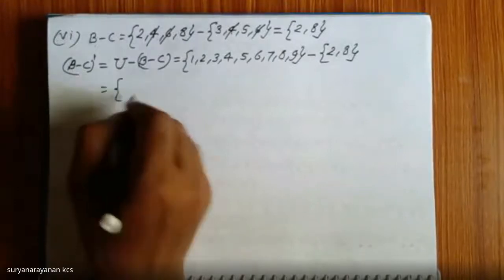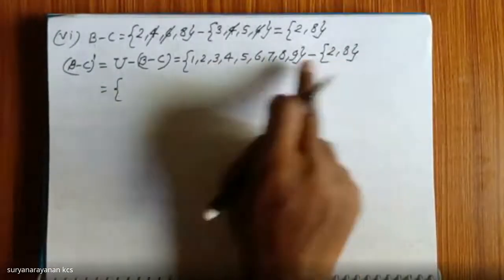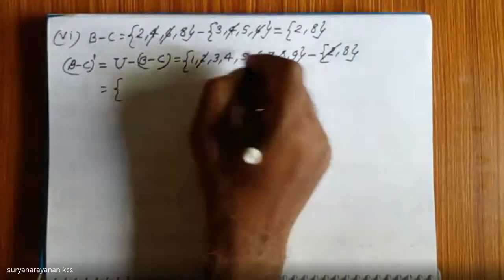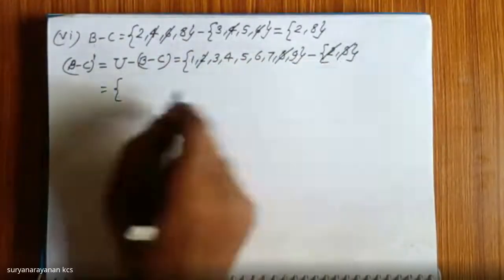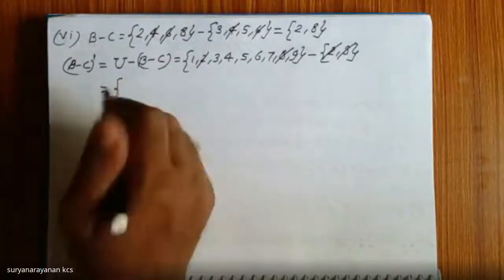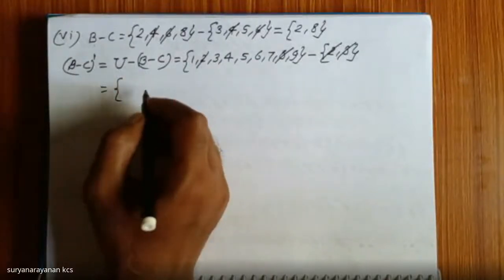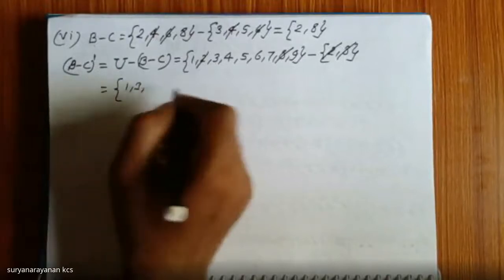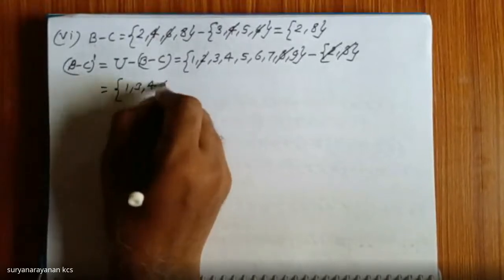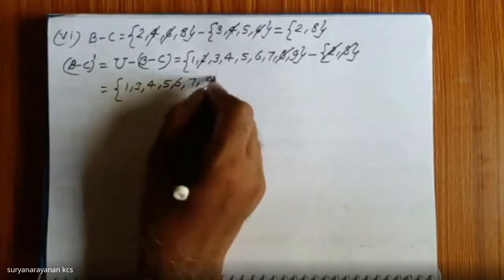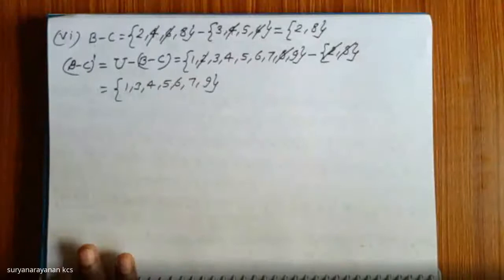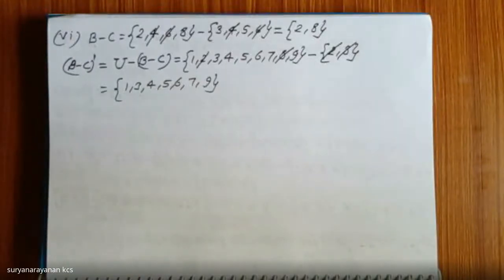Now the difference of these two sets means we strike out the common elements. Then what are the elements left after cancellation? In the first set, 1, 3, 4, 5, 6, 7, 9. Okay, my children. Understood this concept? Complement of a set?